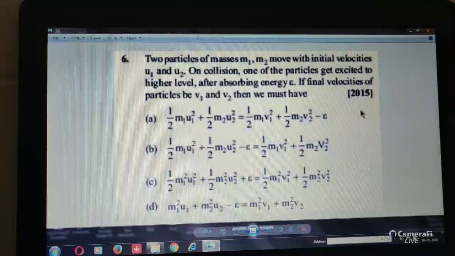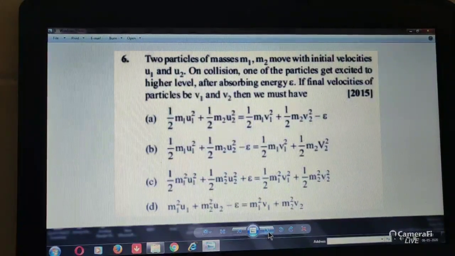Like that here also, conservation of energy. Total energy before collision is equal to total energy after the collision. But if you focus on the situation after the collision, here some absorption of energy also has to be included in that after-collision level.